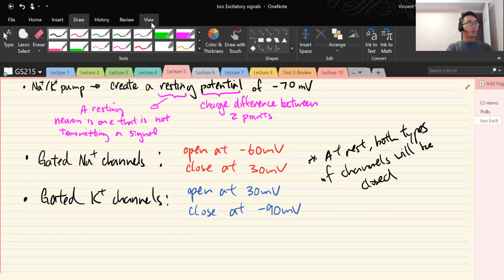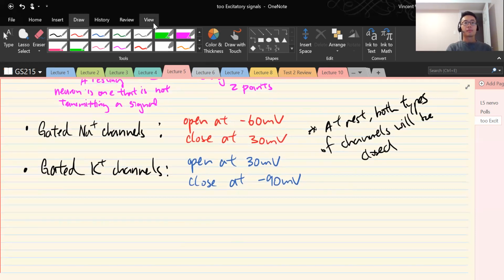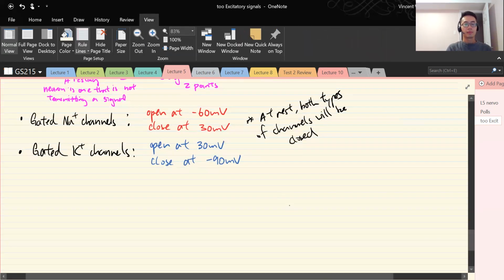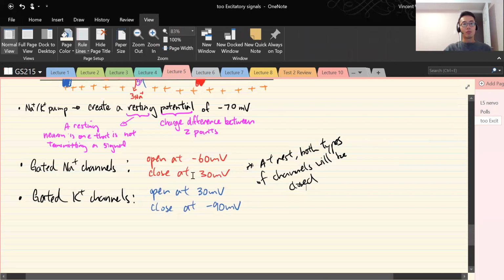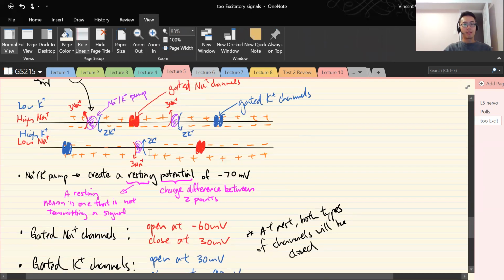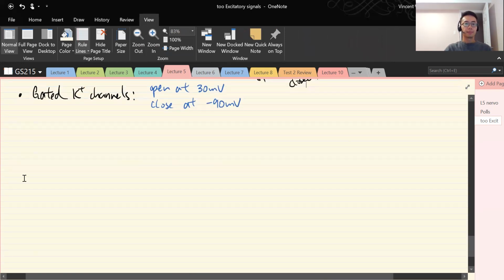The sodium potassium pump will still be on, right? Yeah, the sodium potassium pump keeps on going all the time to maintain that minus 70.